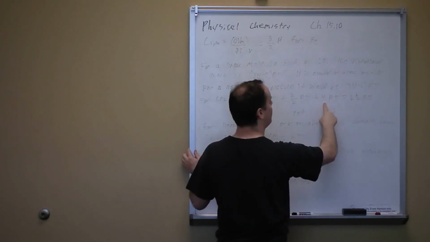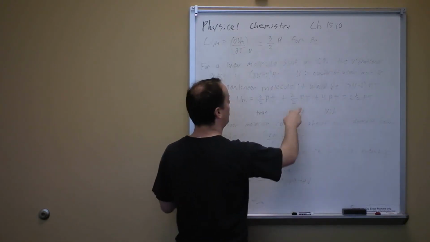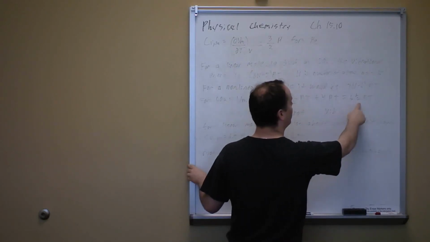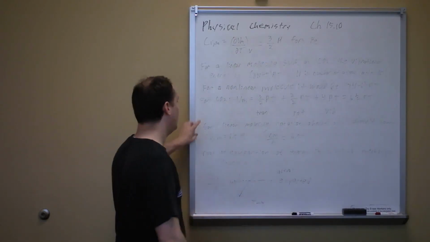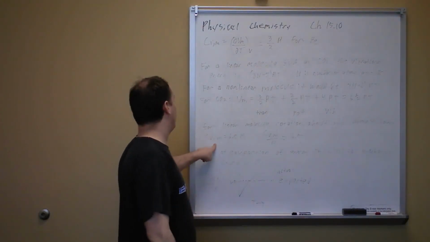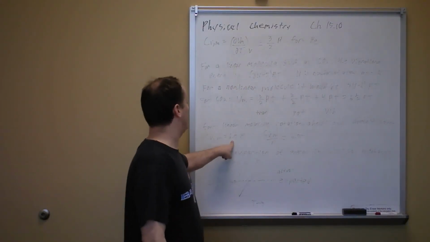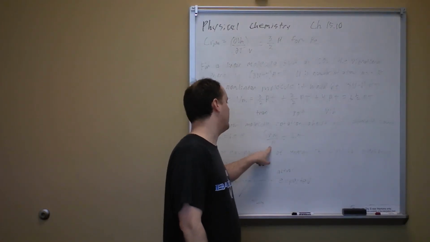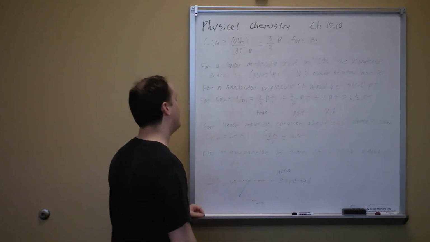From the formula up here, we get 4 RT. So the total amount of energy that the carbon dioxide will store is equal to 6 halves RT. So the molar heat capacity at constant volume for carbon dioxide is 6.5 R. So if you take the molar heat capacity at constant volume divided by R, that's just equal to 6.5.